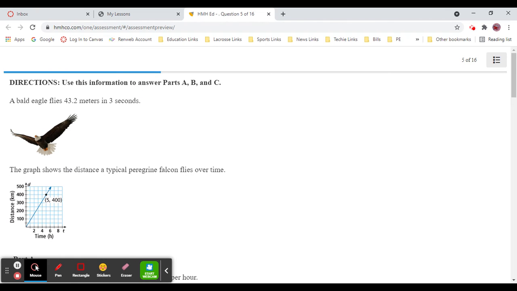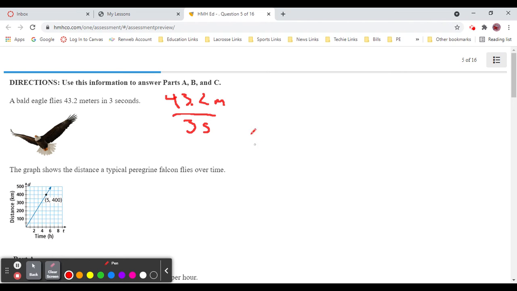But this one I have to do some conversion. So let's write that one out: 43.2 meters in 3 seconds. I'm just going to put an S for seconds. Now I need to know how many seconds are in an hour.